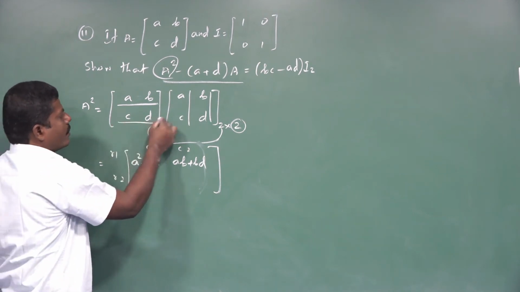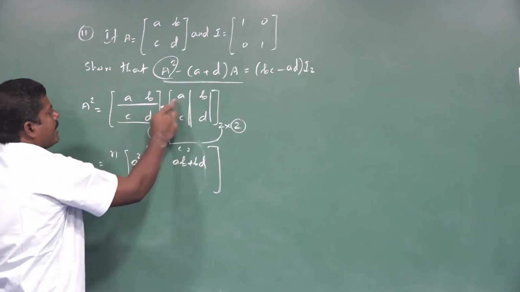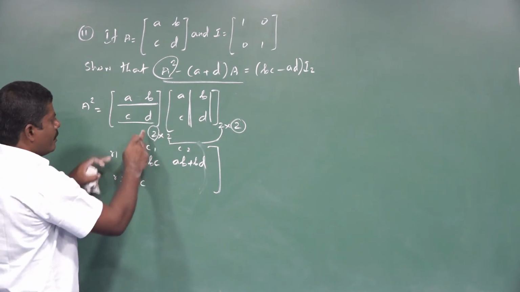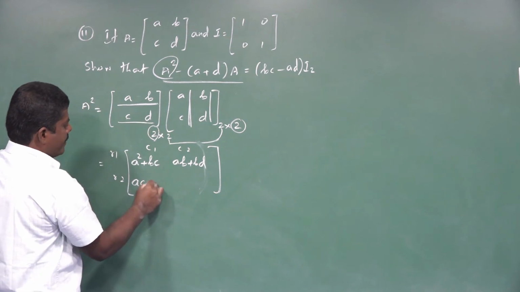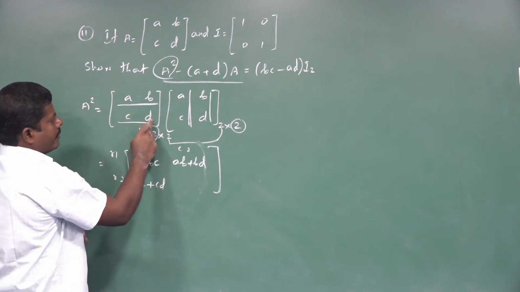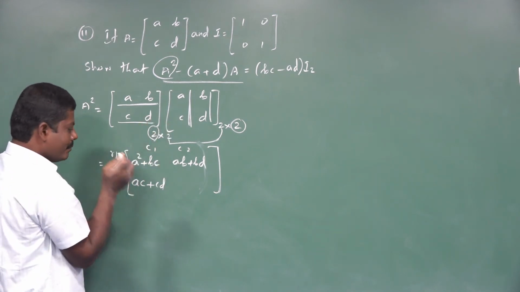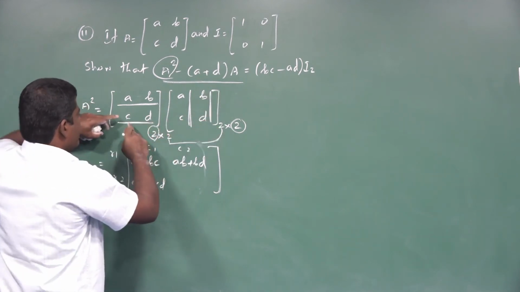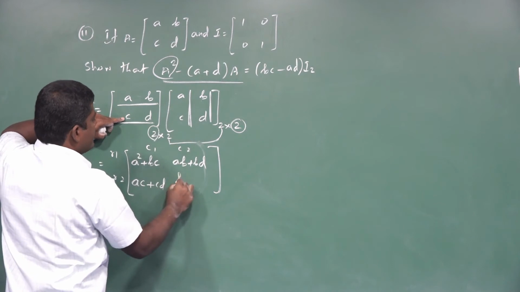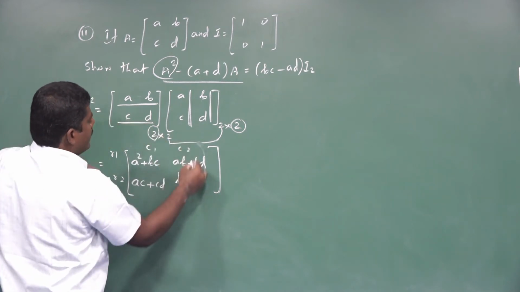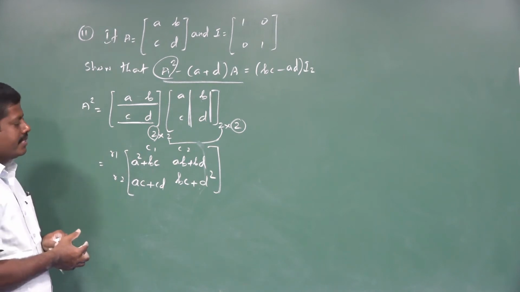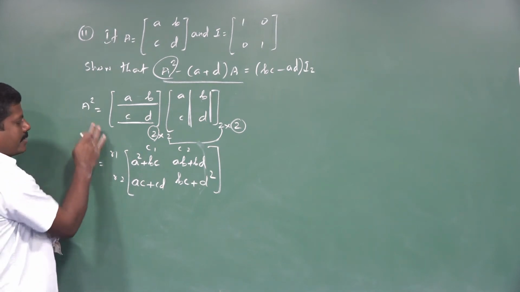Second row, first column: C multiplied by A, AC, plus D multiplied by C, CD. Second row, second column: C multiplied by B, BC, plus D multiplied by D, D square. So this is the A square matrix.